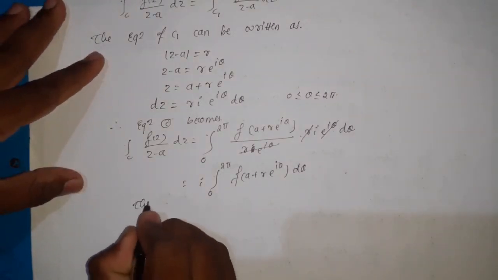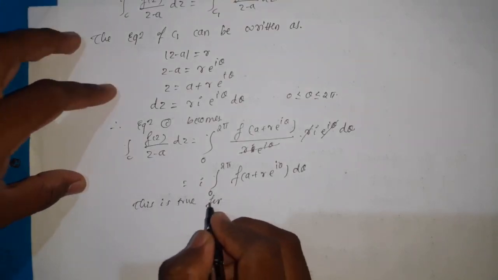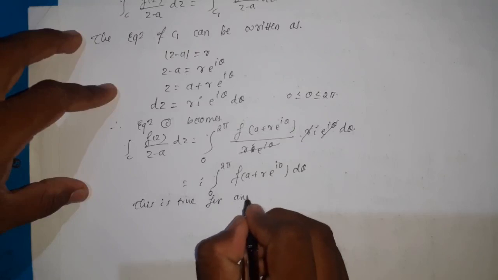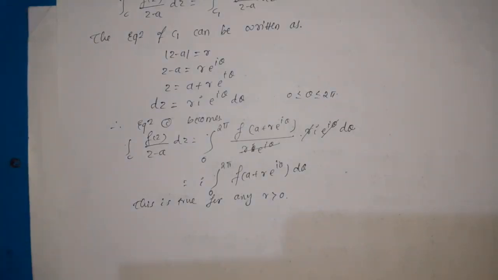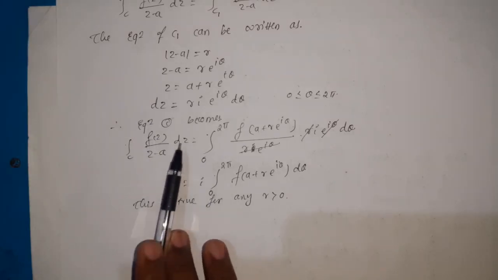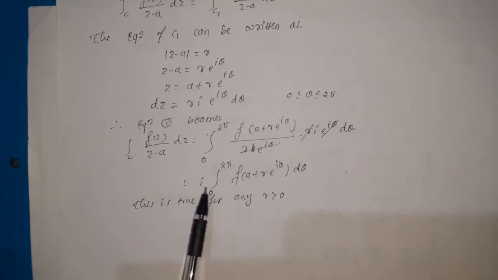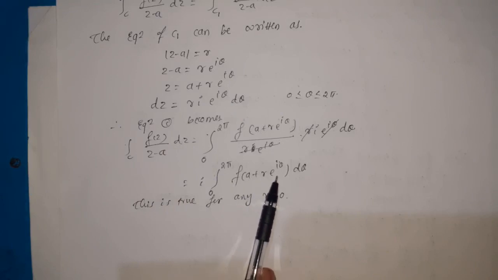Now this is true for any r greater than 0. Here r means the radius, so for any radius which is greater than 0, this equation is true. Means integration over C of f of z divided by z minus a into dz equals i into integral 0 to 2 pi f of a plus r into e power i theta d theta.